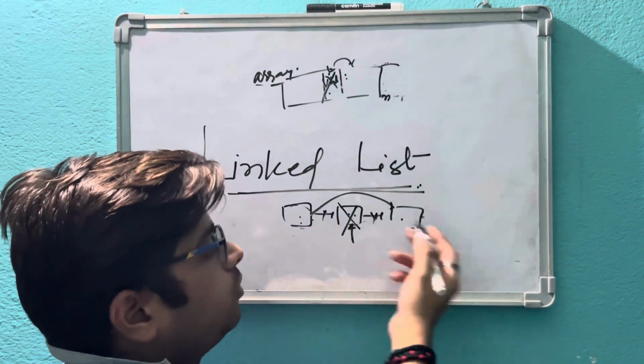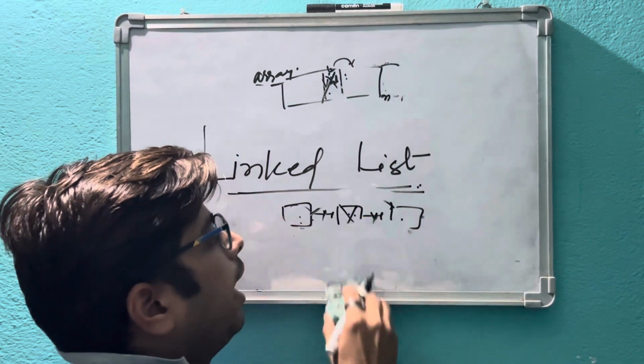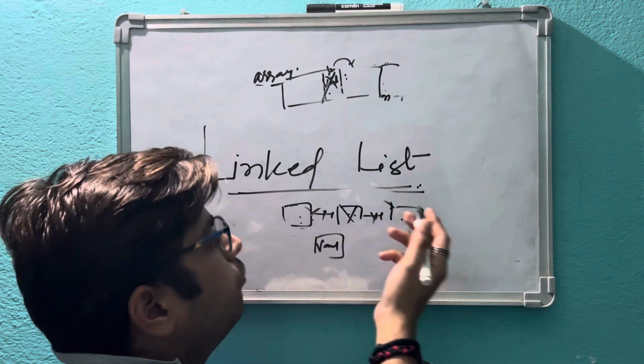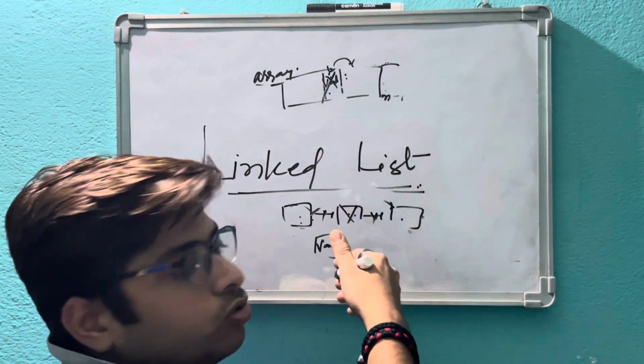But in the case of a linked list, if I would like to add some value, we could simply have a node, and we could again work on relinking the particular node to that position.